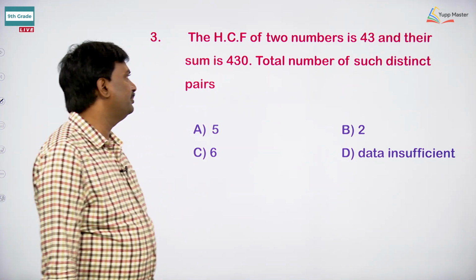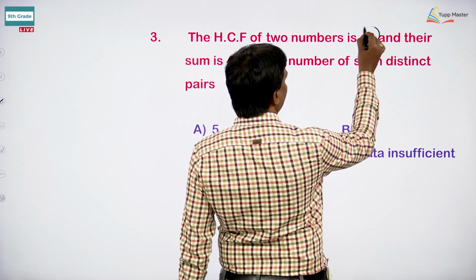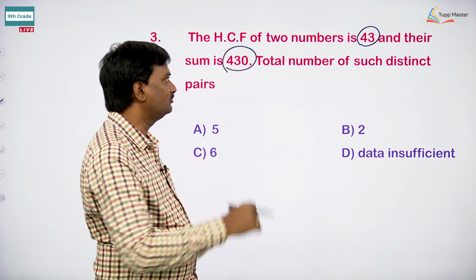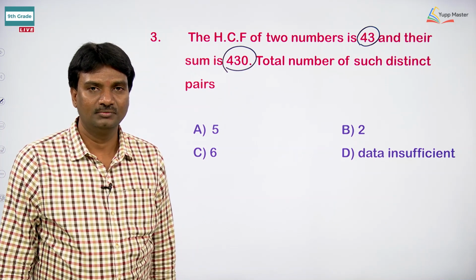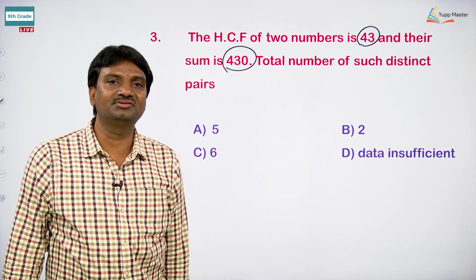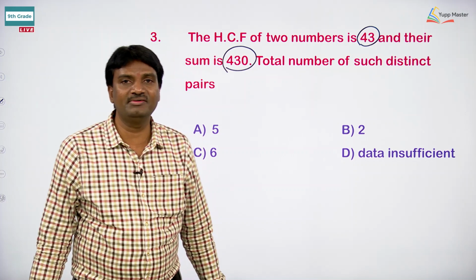So the problem is given as the HCF of two numbers is 43 and their sum is 430. Here also we don't know the numbers. So let us consider the two numbers as A comma B. According to the problem, the HCF is given as 43.